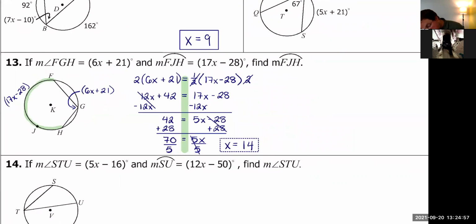So I'm going to do 17 times 14 minus 28. So measure of arc FJH equals 17 times 14 minus 28. 210. 210 degrees.